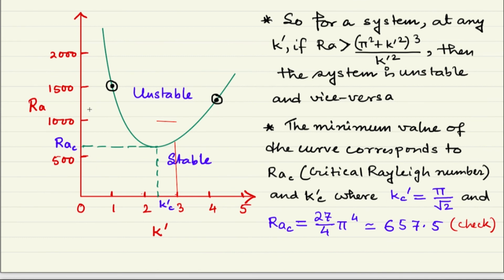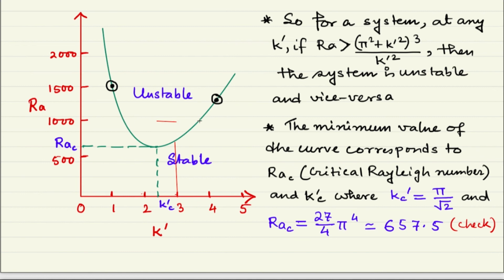If the horizontal length scale is decreased gradually, that means the horizontal wave number is increased gradually, for a system whose Rayleigh number is greater than the critical Rayleigh number, first it is stable for very small value of k, and then when it crosses the wave vector corresponding to the marginal Rayleigh number, it becomes unstable for a range of wave numbers.